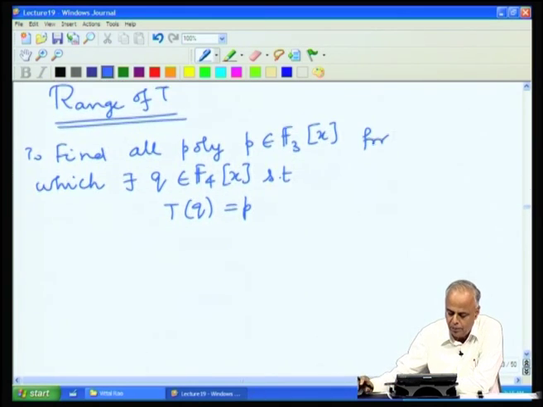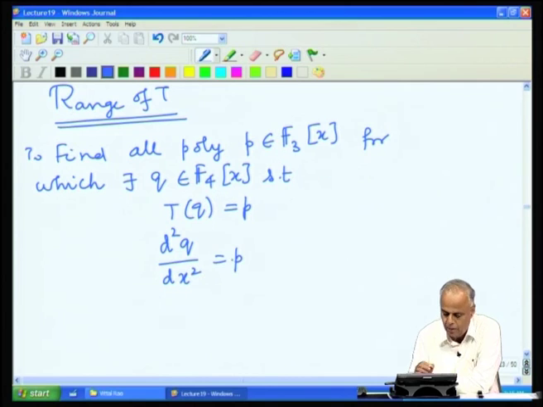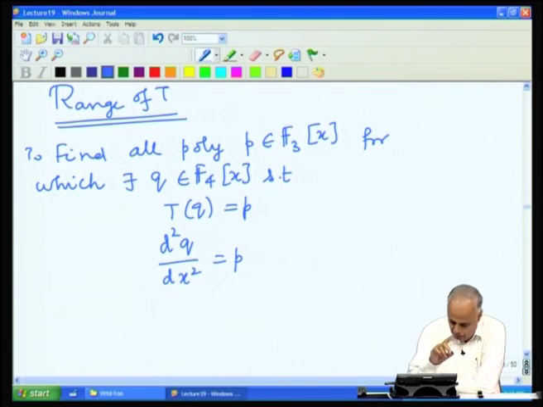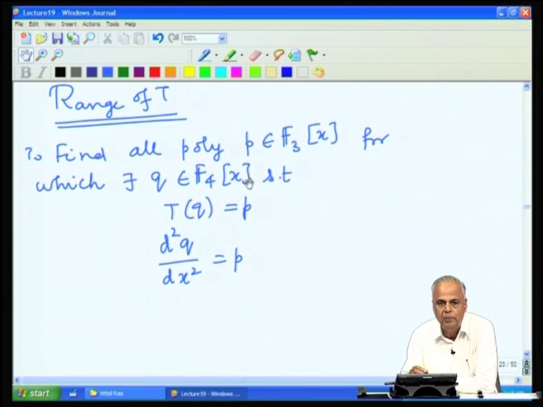If we want TQ to be equal to P, since T is defined as d squared Q by dx squared, we want to find those P's in F3x for which we can find a Q in F4x so that d squared Q by dx squared is equal to P. Now, Q in F4x is a polynomial of degree less than or equal to 4, and so when we differentiate it twice, it will lose 2 degrees.